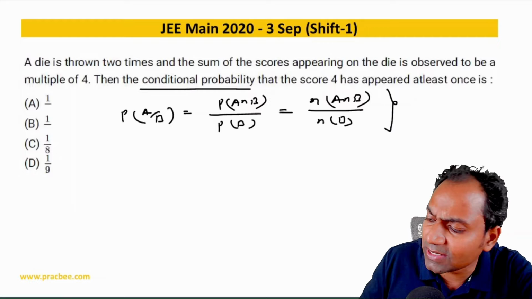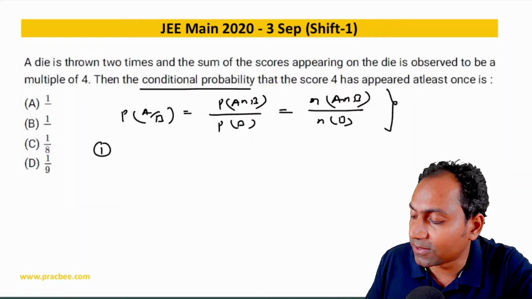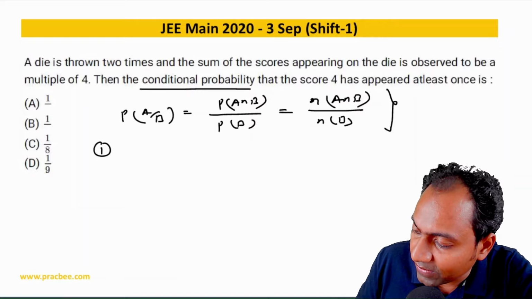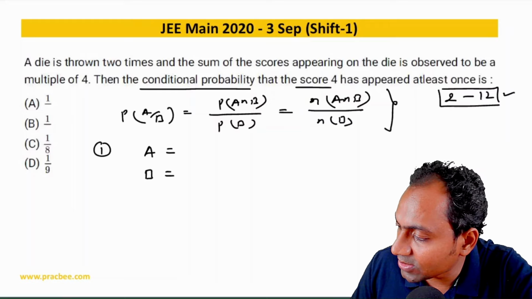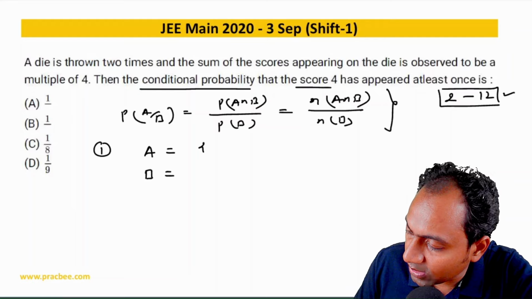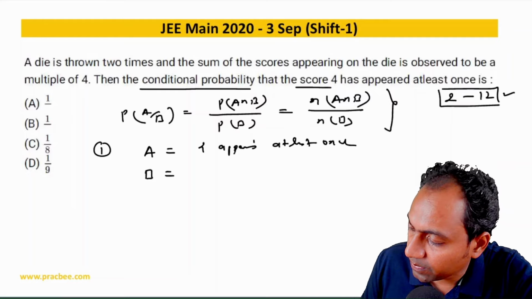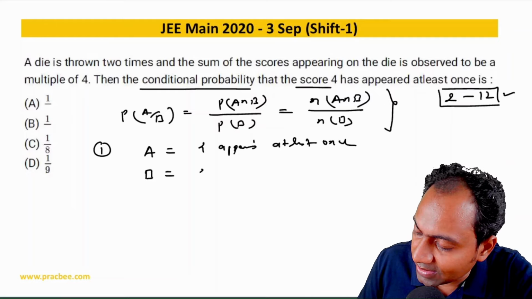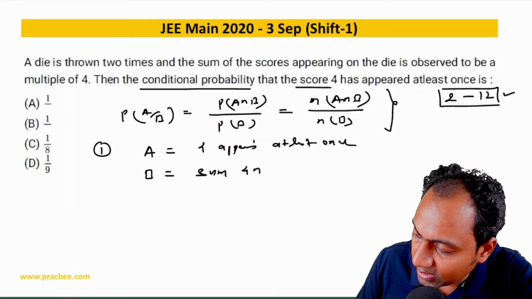That is the reason the first step in every axiomatic probability question is nothing but to write the set or define the set. So here the set A is when the score 4 has appeared at least once. 4 appears at least once. And my set B is basically the sum on both the dice is a multiple of 4.